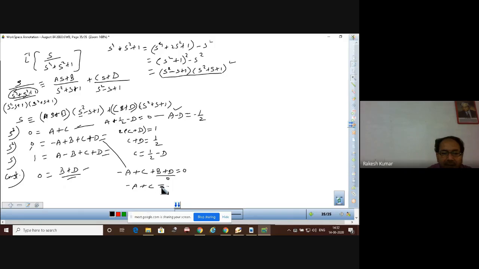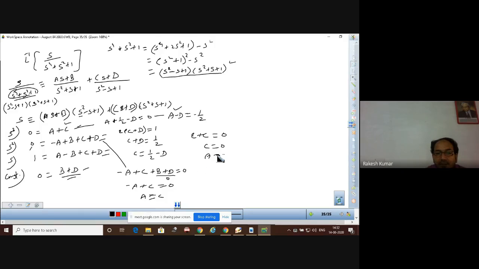Minus A plus C is 0. Ultimately, A is equal to C. You can use this. If A is equal to C, and then you can use here, what it comes out to be, that is C plus C is equal to 0, and C comes out to be 0. If C is 0, A is 0 also.